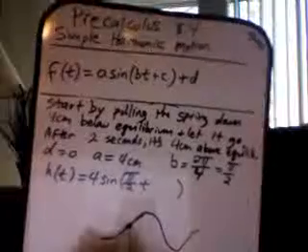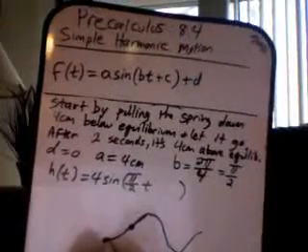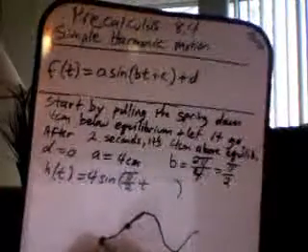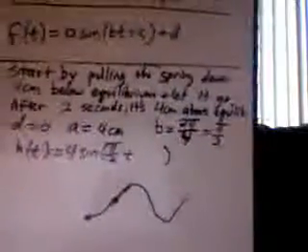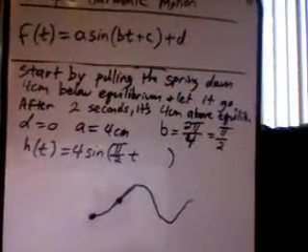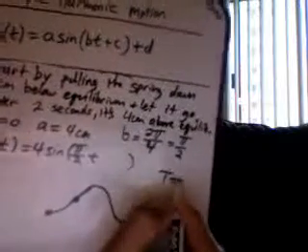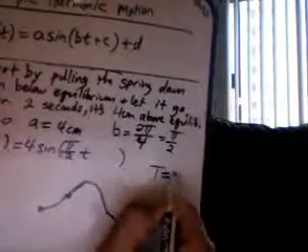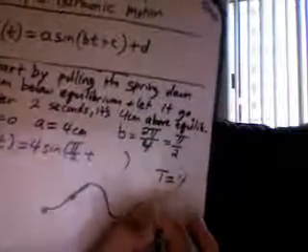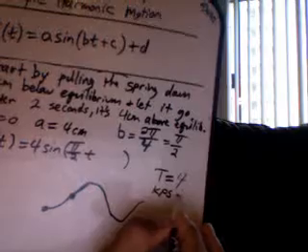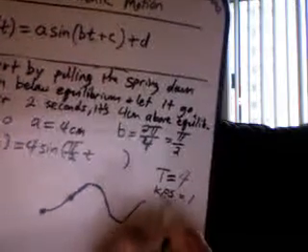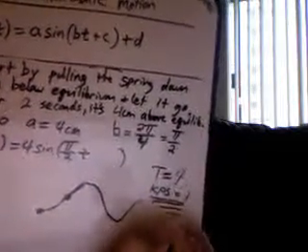So we don't want to start here. We want to start a quarter cycle earlier. We need to shift this thing to the right by a quarter cycle. If the period is 4 seconds, then the quarter cycle is 1 second. That's how much we want to shift it to the right.